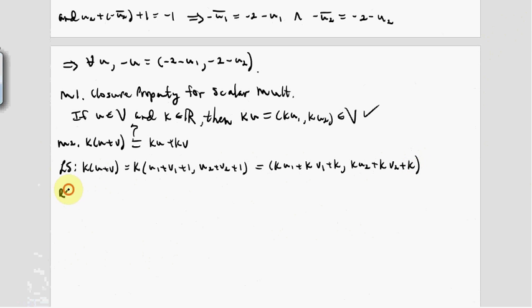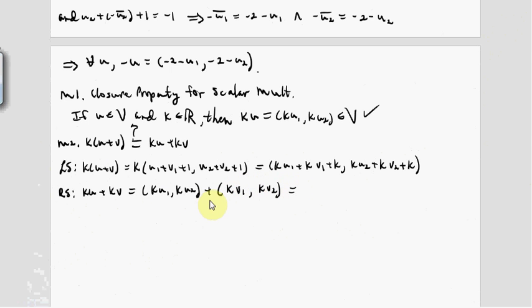Now the right side is ku plus kv. We first have to deal with the scalar multiplication. So this is k u sub 1, comma, k u sub 2, plus k v sub 1, comma, k v sub 2.